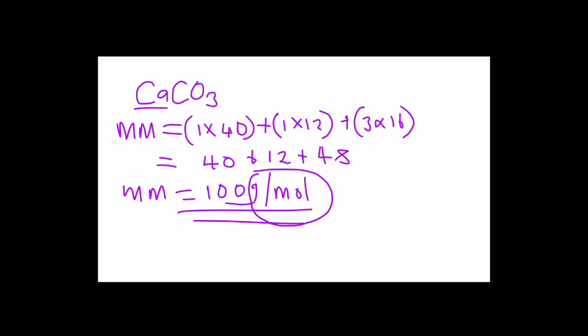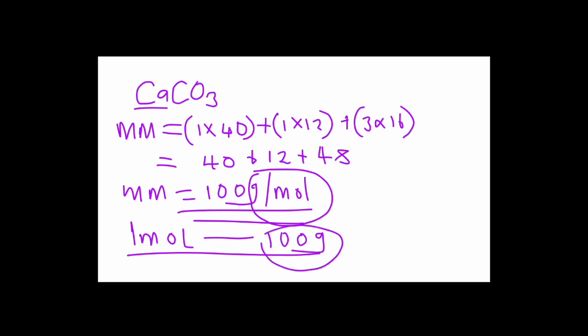It means if the magnitude of the molar mass is 100, in 1 mole of the compound calcium carbonate, we have 100 grams of calcium carbonate. This relationship, my people, is very important.